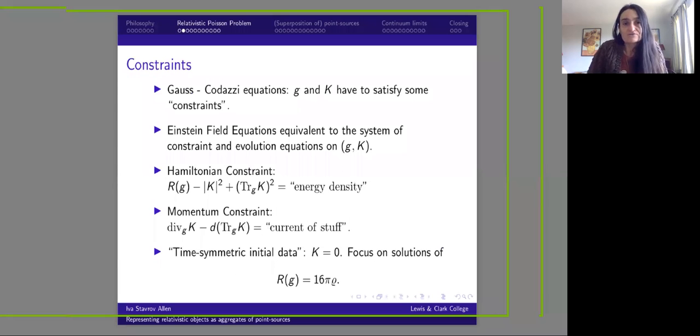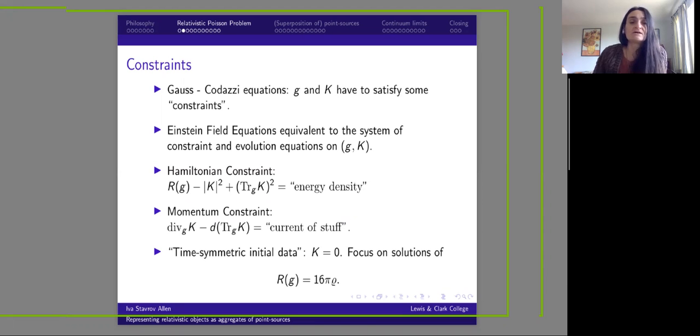But of course, there are the Gauss-Codazzi equations, and the metric and the second fundamental form can't just be anything they want to be. They have to satisfy certain constraints, namely the Gauss-Codazzi equations. To be fair, Einstein field equations are equivalent to this coupled system of second order evolution equations for g, where g and g dot satisfy the constraint equations. I've written the constraint equations almost in full on this slide, but I will set the second fundamental form to 0, partly for simplicity.